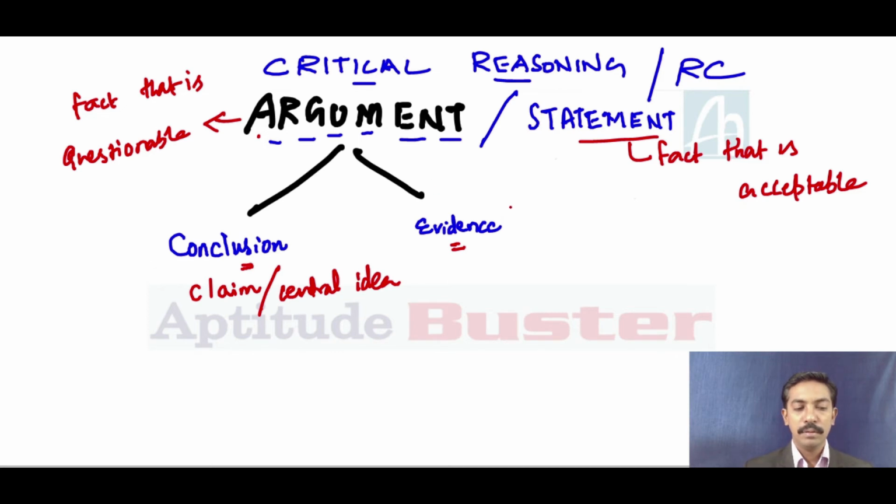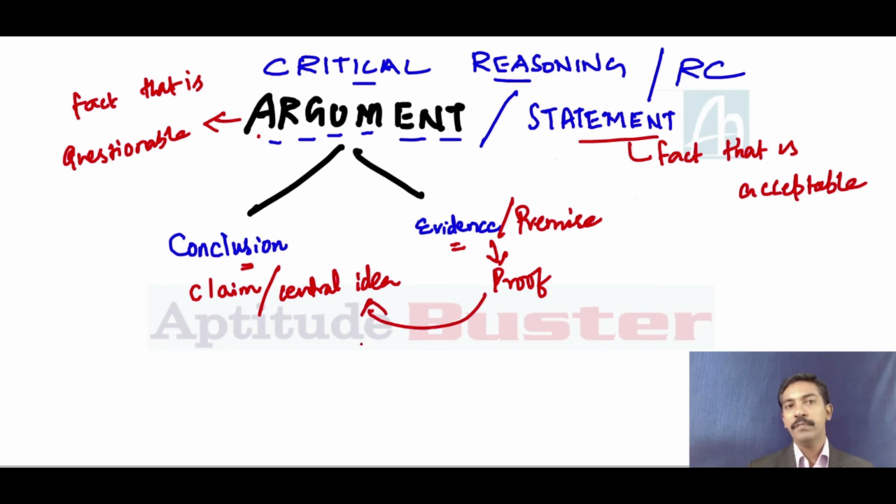Evidence or premise is nothing but the proof that the author of the argument uses to arrive at the conclusion. With the help of evidence, he would reach a conclusion.